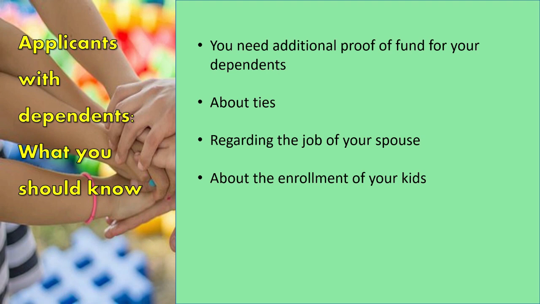But in a situation whereby it is just the wife that is going with a kid, it is very appropriate. It is something that I would consider very easy because the husband is still in the home country working, and that is a way to demonstrate ties.